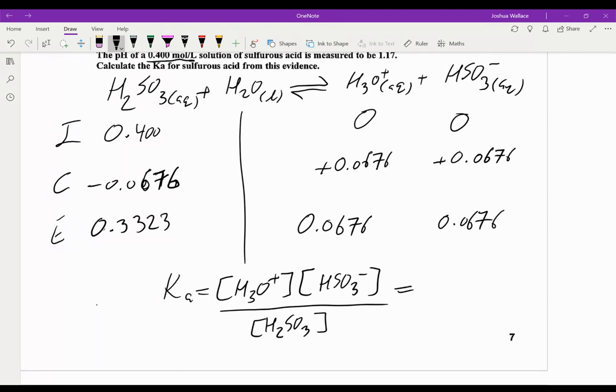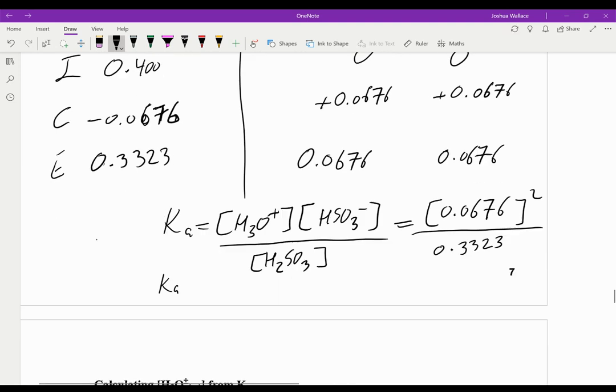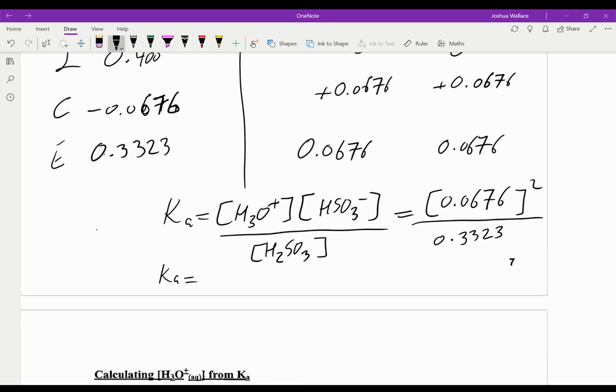So this is 0.0676 squared over 0.3323, and my Ka is 0.014. All right.